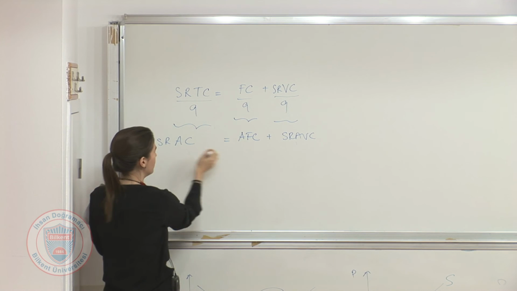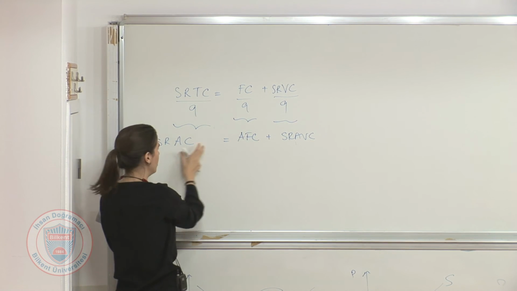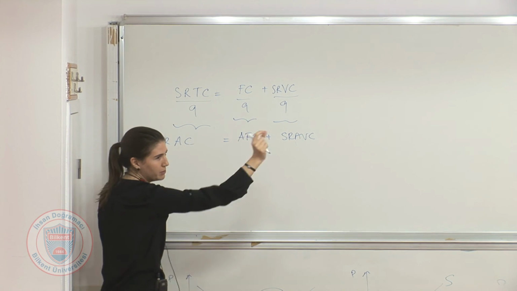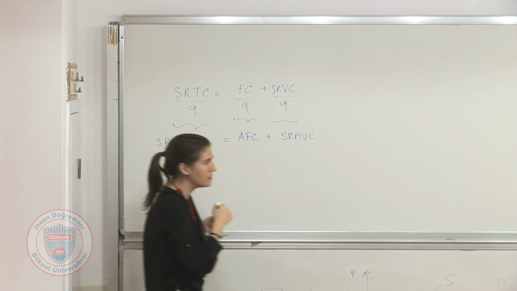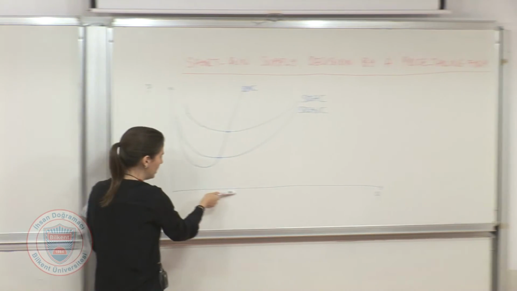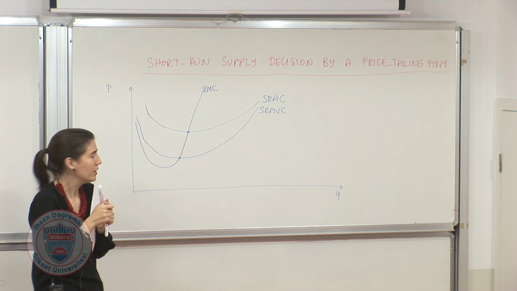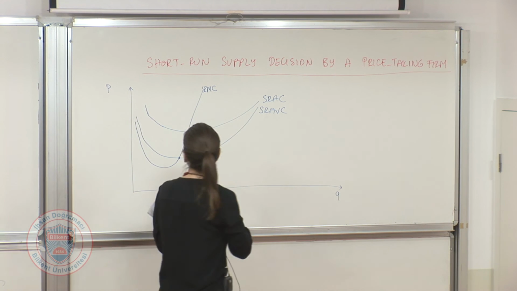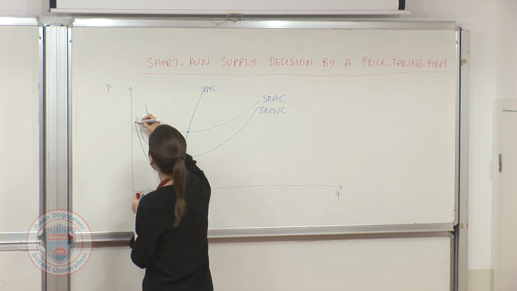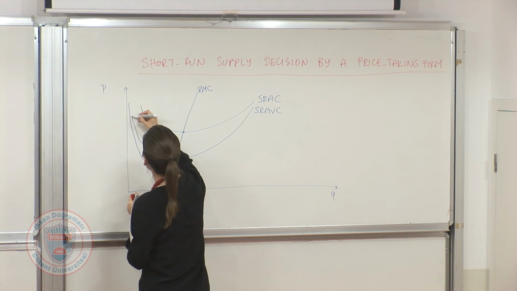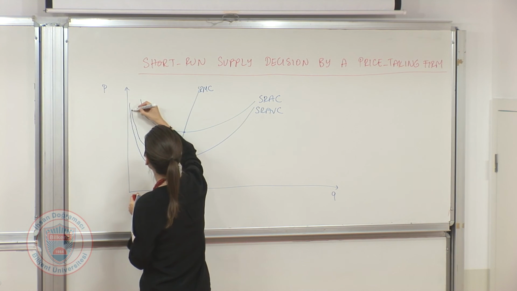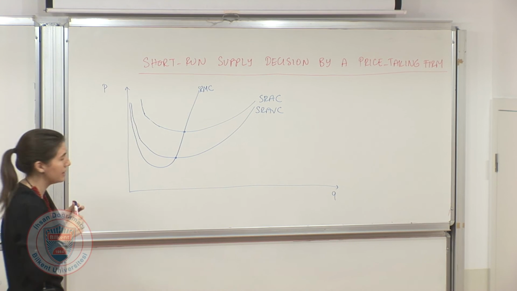But of course, because this has the fixed cost in it as well, its minimum is going to be a little bit here, okay? So this is the marginal cost, and you can have these cost curves like this. You'll understand why I said that.